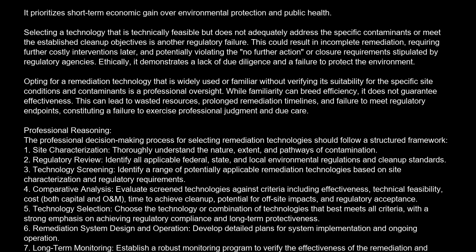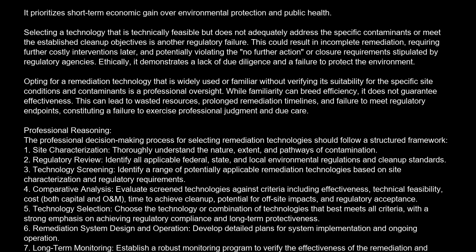Professional reasoning. The professional decision-making process for selecting remediation technologies should follow a structured framework. 1. Site characterization. Thoroughly understand the nature, extent, and pathways of contamination. 2. Regulatory review. Identify all applicable federal, state, and local environmental regulations and cleanup standards. 3.